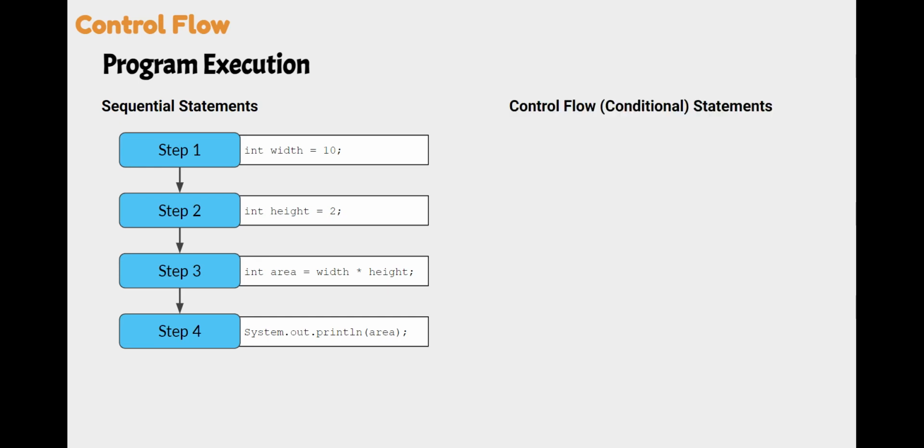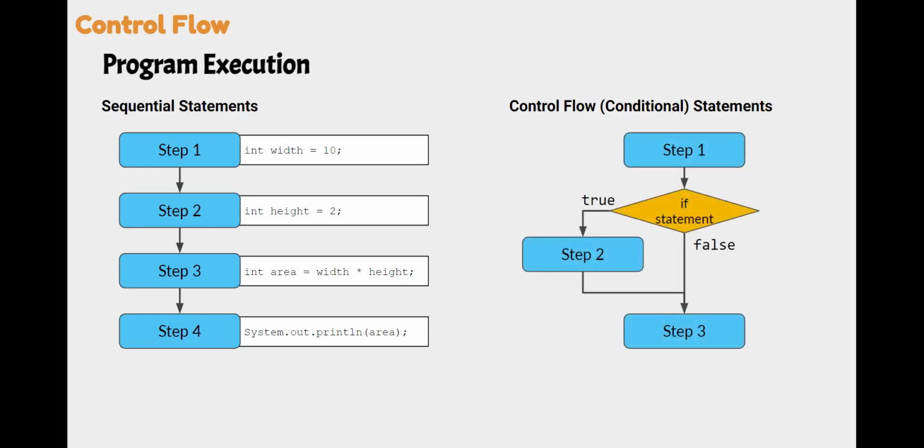What we are going to move to is control flow or conditional statements. That's going to allow us to do some branching logic. We can stop and ask a question, and based on how that statement evaluates, we can do a different step or just skip and continue with the other step.